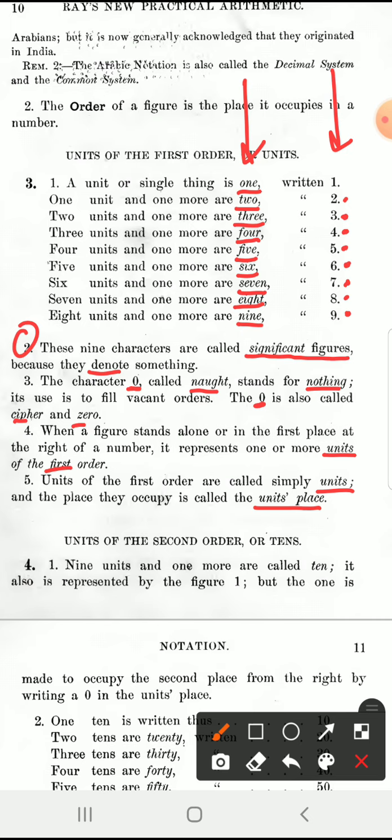So that's all for lesson 3. We've learned the 9 significant figures used in the Arabic system. We've also learned that the character 0 is used to mark empty places in Arabic numbers. And we learned that the units place is the first place on the right side of a number in the Arabic system.